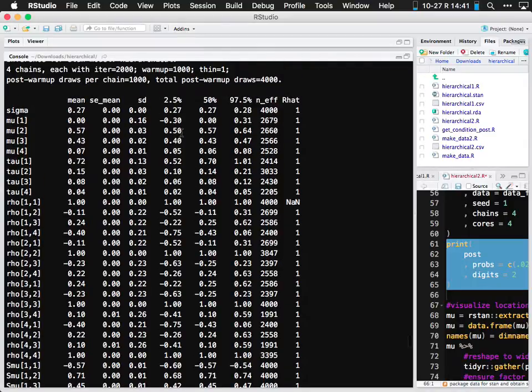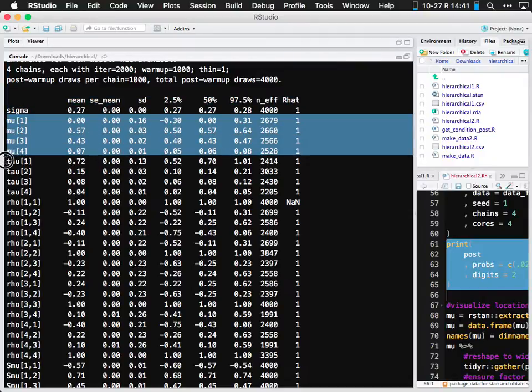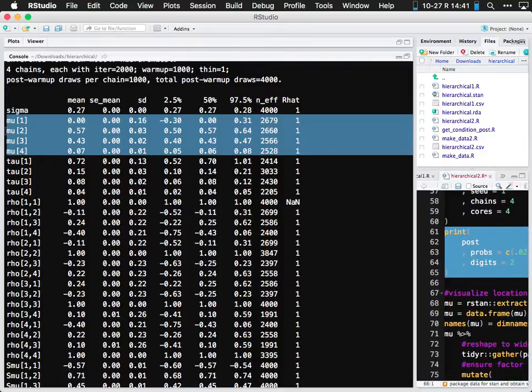So we get a similar output as before. Unfortunately, it hasn't carried over the names that are in the model matrix. So mu1 is that intercept column. Mu2 is the pre-post column because it's the second column in the model matrix. Mu3 is the food effect, and mu4 is the interaction.